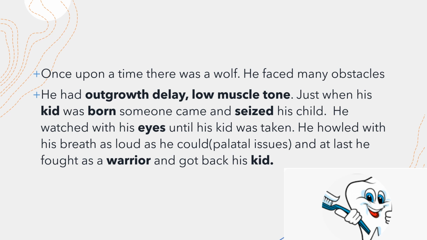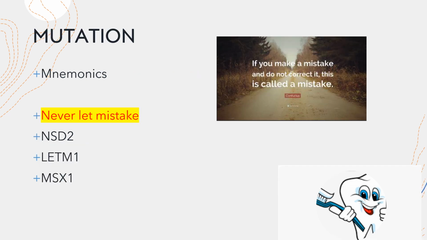So let's go to the mutation, to make this syndrome easy to remember. Because the wolf was sleeping and at that time his kid was taken away, he learned a saying by Confucius: if you make a mistake and do not correct it, this is called a mistake. So he learned to never let a mistake happen.